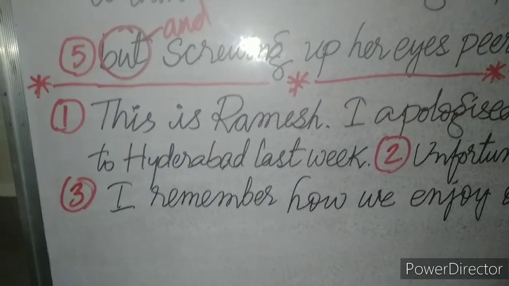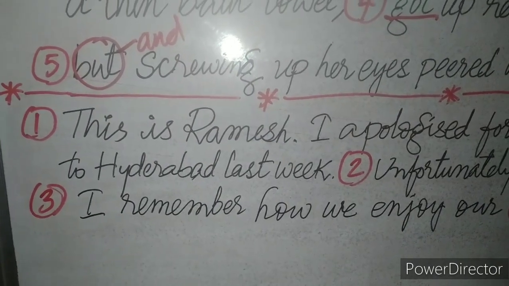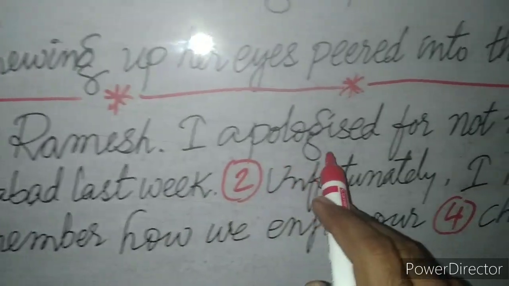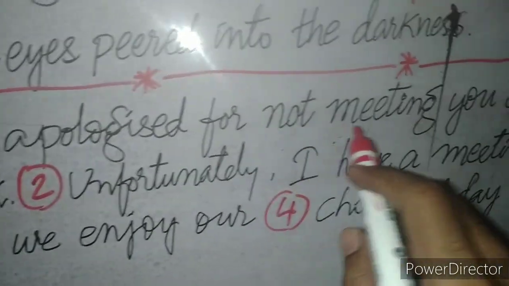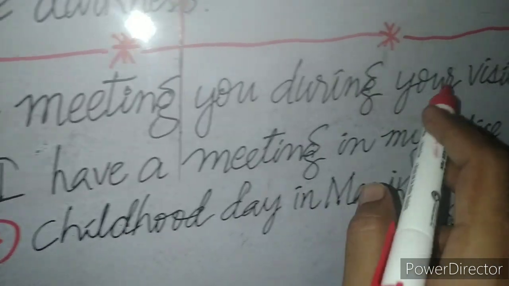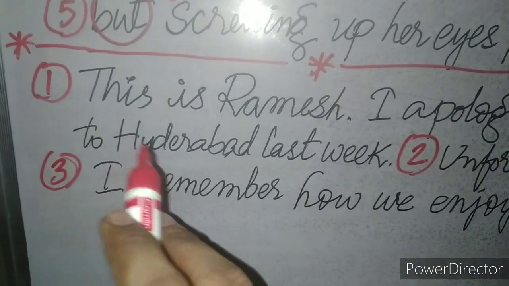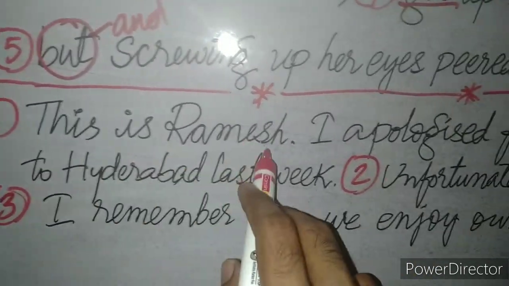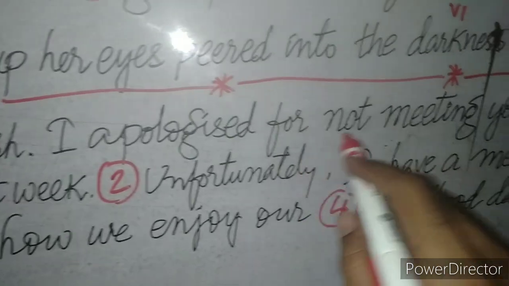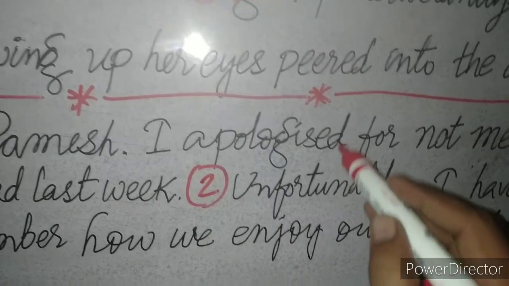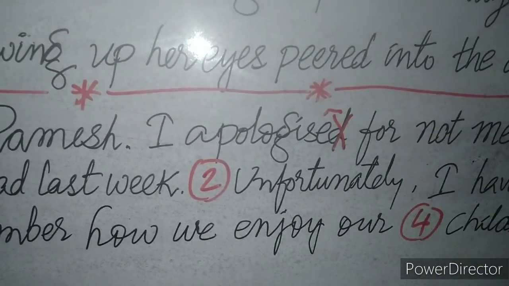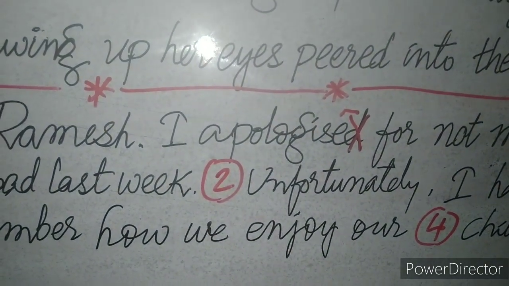Now let's check the second passage, from A Letter to a Friend. This is Ramesh. I apologized for not meeting you during your visit to Hyderabad last week. What is the mistake here? Apologized. Actually we have to use apologize here, not apologized.